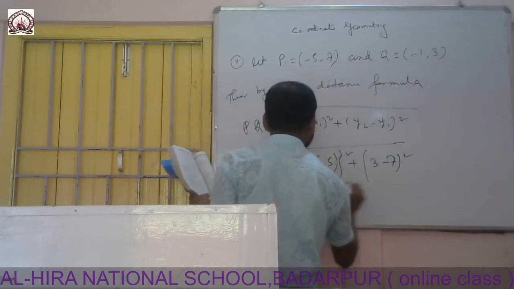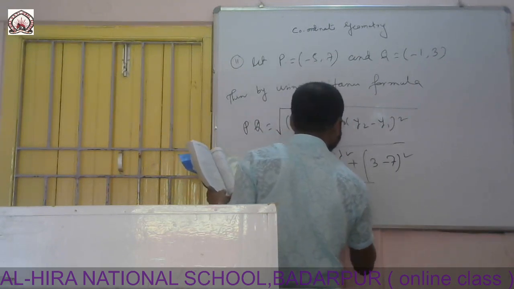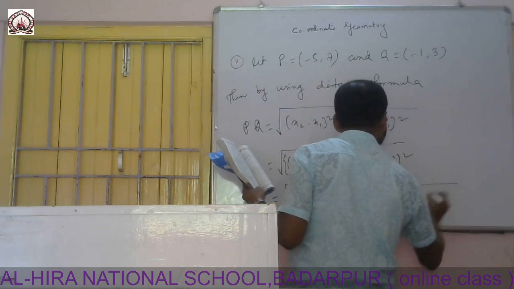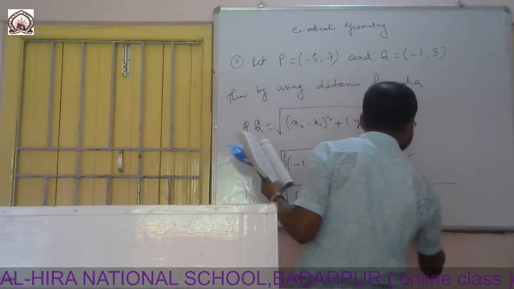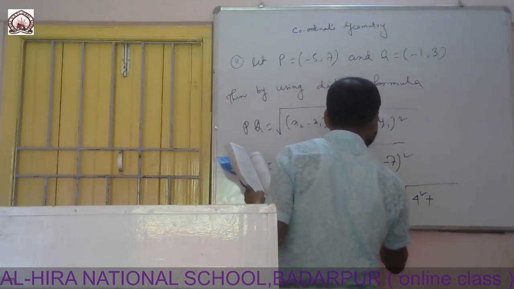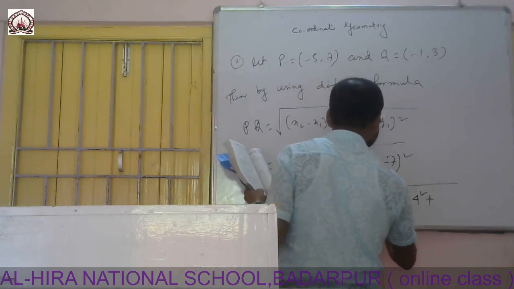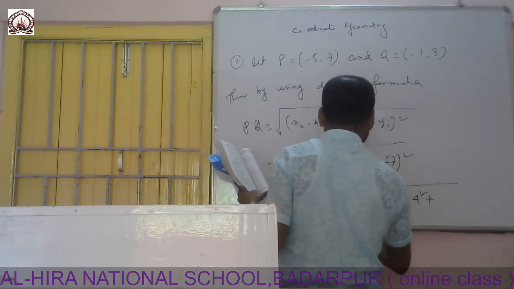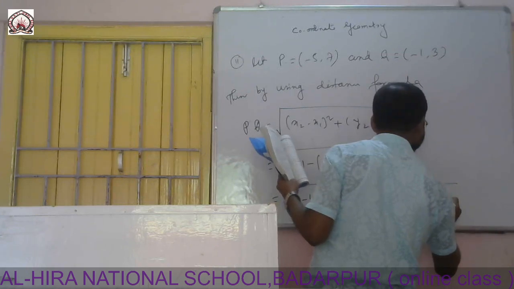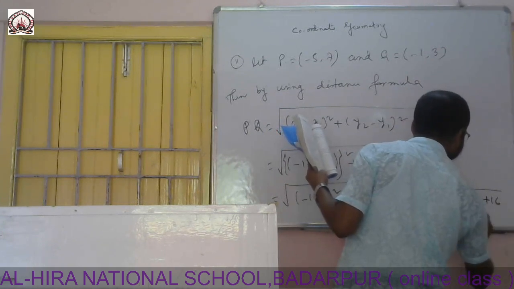Then we get minus 1 plus 5, that is 4 whole square, and 3 minus 7, that is minus 4 whole square. 4 square is 16, and minus 4 whole square is 16, so 16 plus 16 is 32.